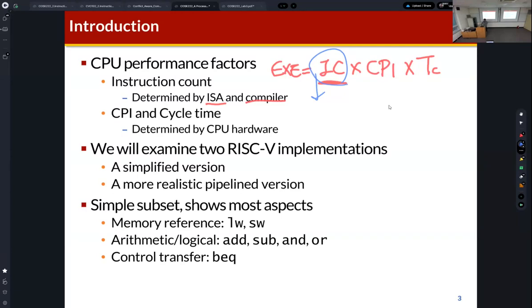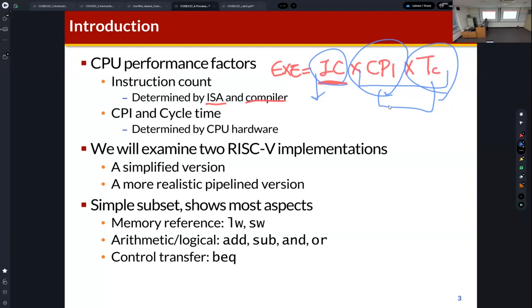But we also need to learn about the other aspects regarding the performance of a computer system. What are they? CPI and clock period. These factors are determined by hardware.